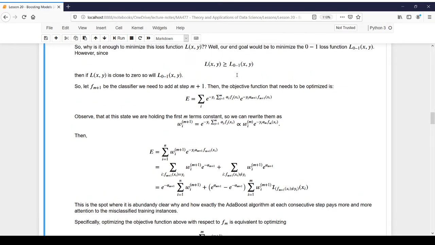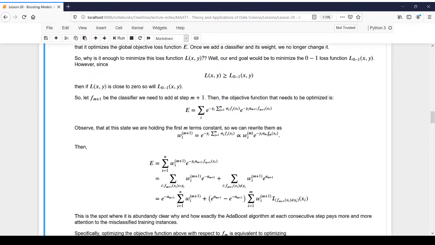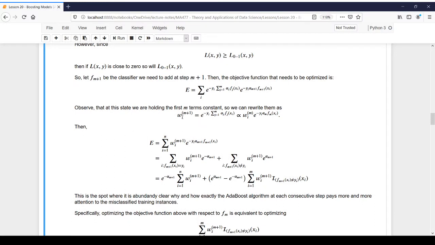Then the objective function that needs to be optimized is this. All I've done here is separate the portion at stage m. The reason is that, recall from what we just said, this coefficient here is now static. It does not change, so it's a constant, and we're just going to call it w_i^{m+1}.